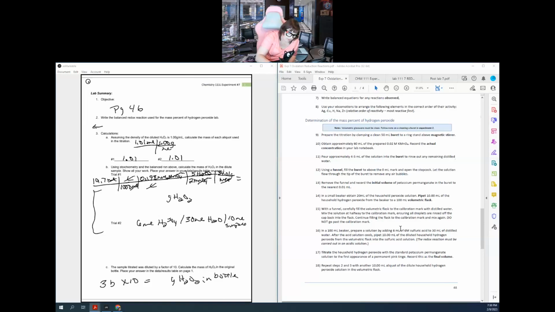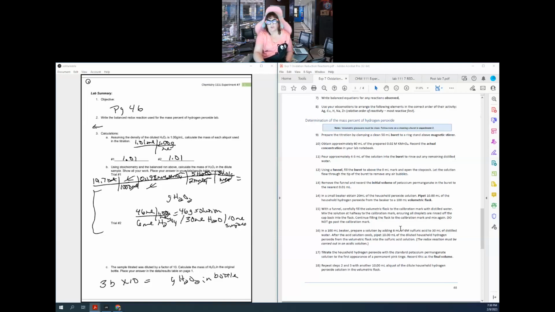And if it's 46 milliliters, and it's 1.00 grams per milliliter, that means that's 46 grams for the solution. Okay. And just for that part.